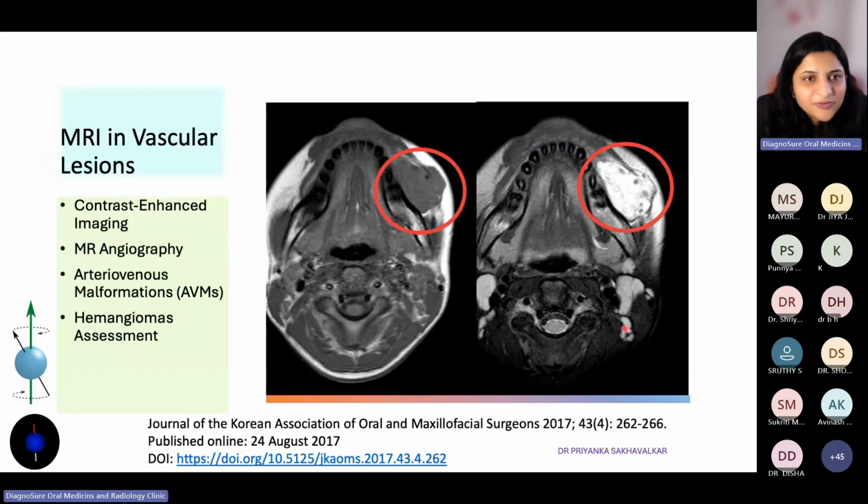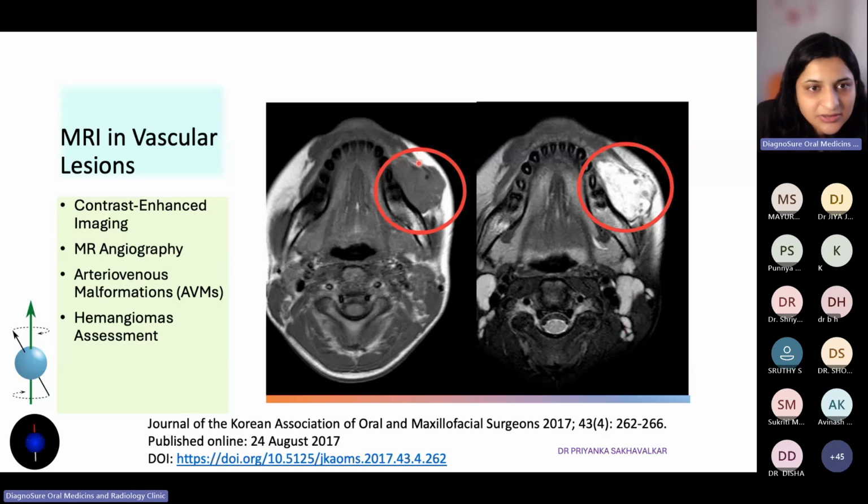Coming to vascular lesions, MRI is instrumental in diagnosing and characterizing vascular lesions in the maxillofacial region. Techniques like contrast enhanced MRI and MR angiography can provide a detailed view of blood vessels, such as the feeder vessel, allowing precise assessment of a vascular lesion and its impact on the surrounding tissue.